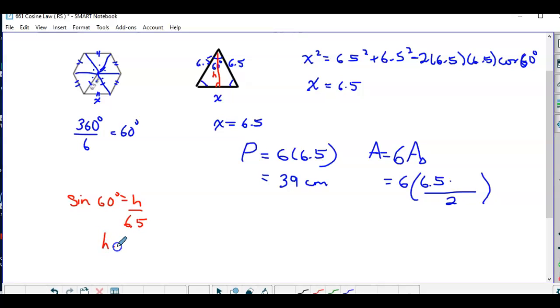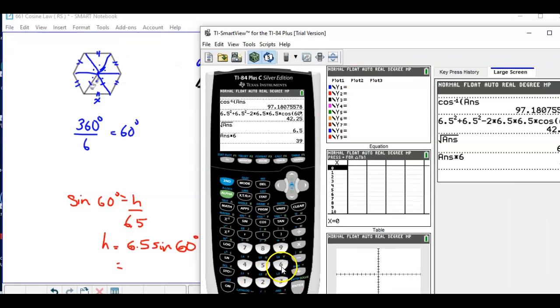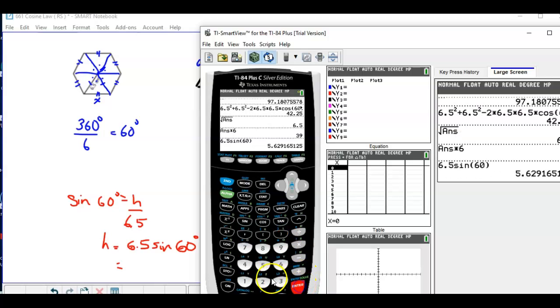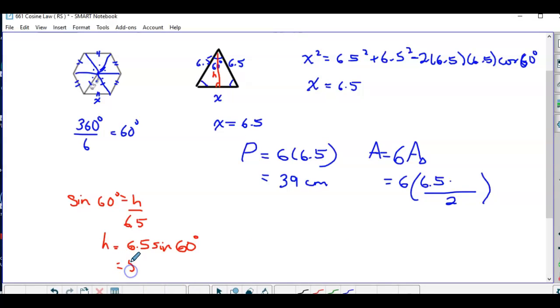So H equals 6.5 sine of 60. In the calculator, 6.5 sine of 60, and I get 5.629.